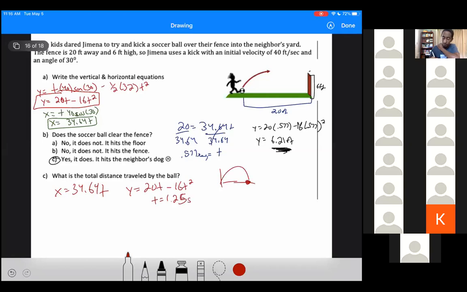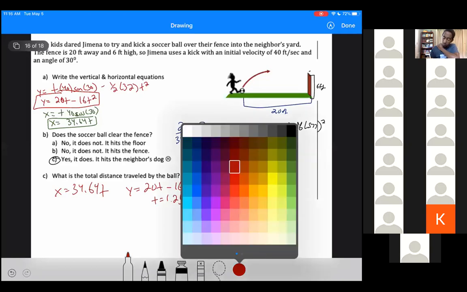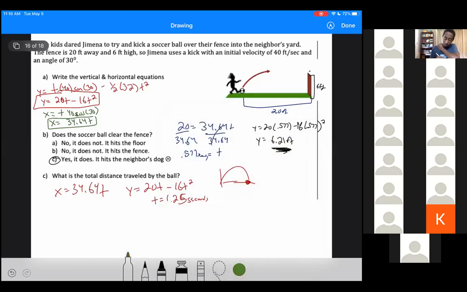And then I plugged in t for the x, so 34.6 times 1.25, and it gave me 43.25 feet. Okay. You all agree with that? We're good with that? All right, awesome. Very good.